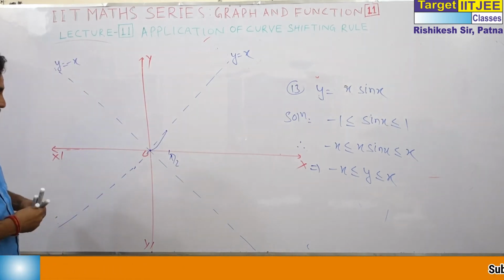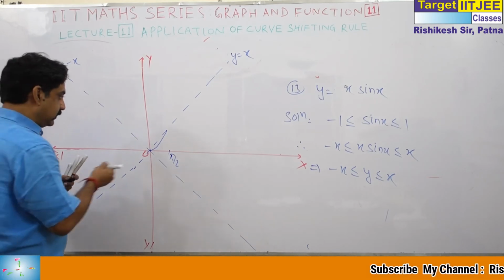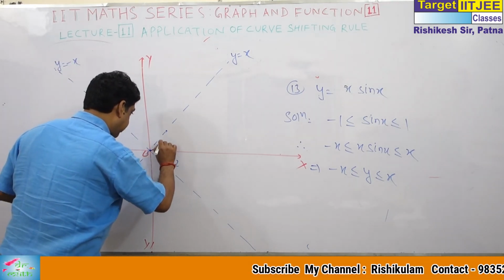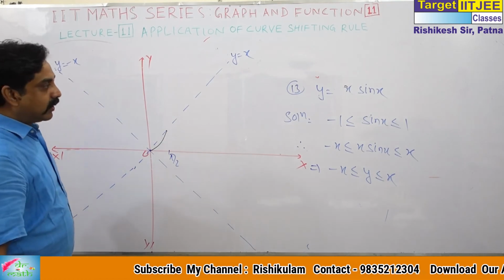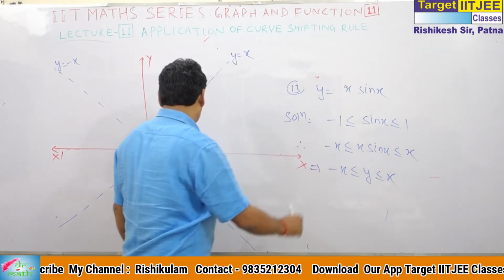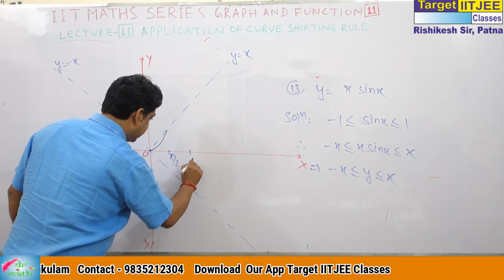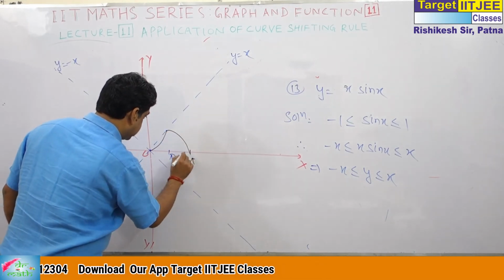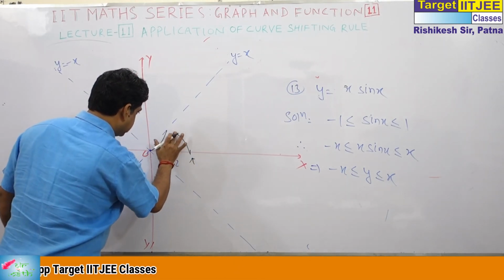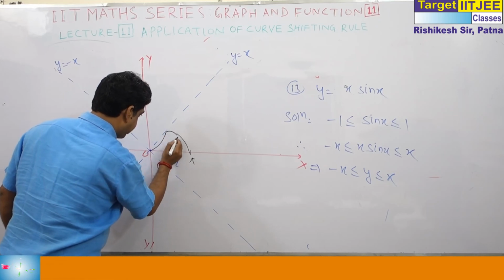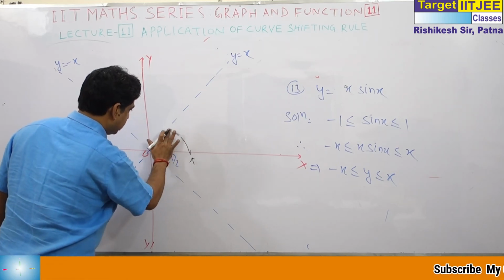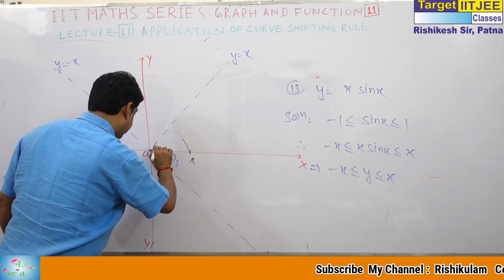That we have to keep in mind. Let me draw this with this color. What is it at x is equal to pi? This is 0.